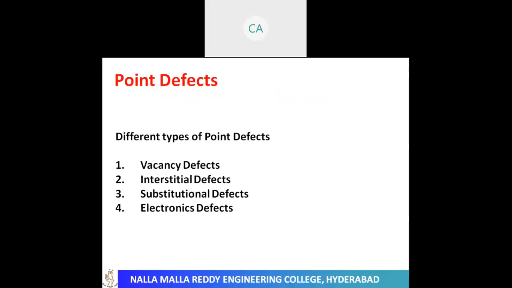We will study in detail about the point defects. The point defects are further classified as vacancy, interstitial, substitutional and electronic defects.